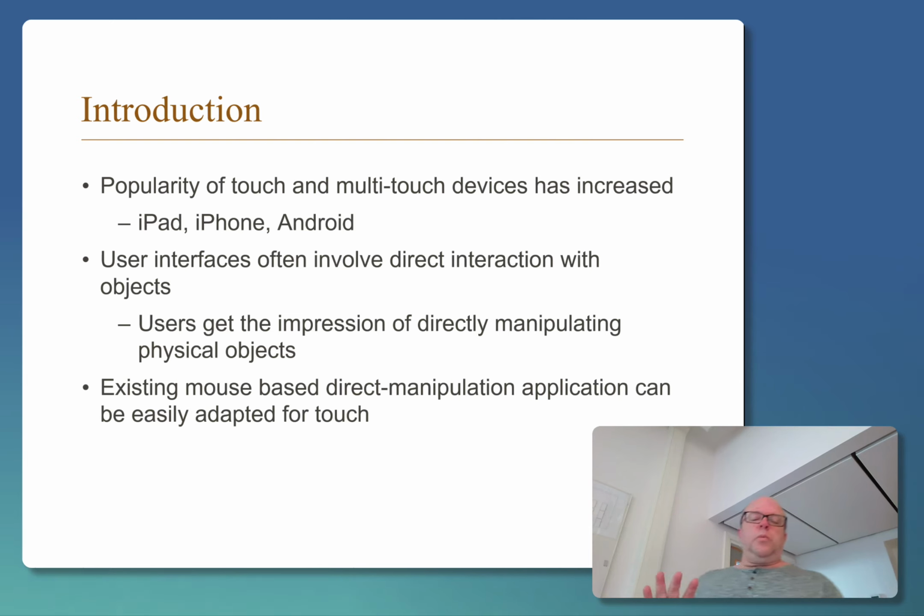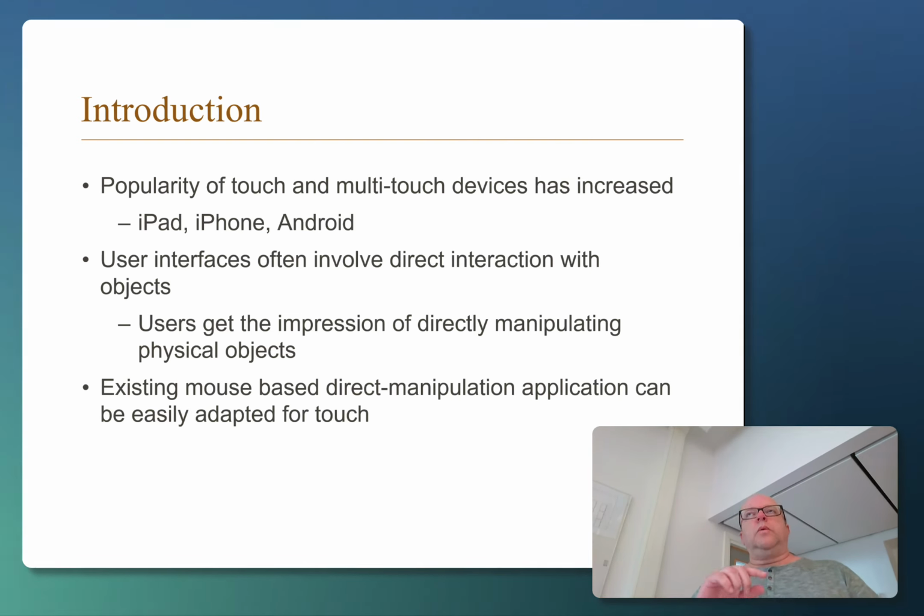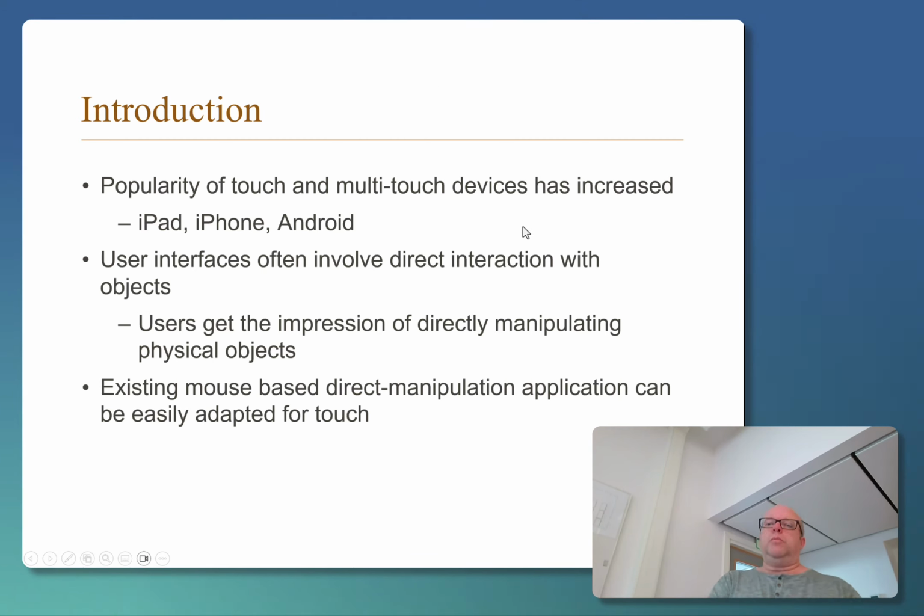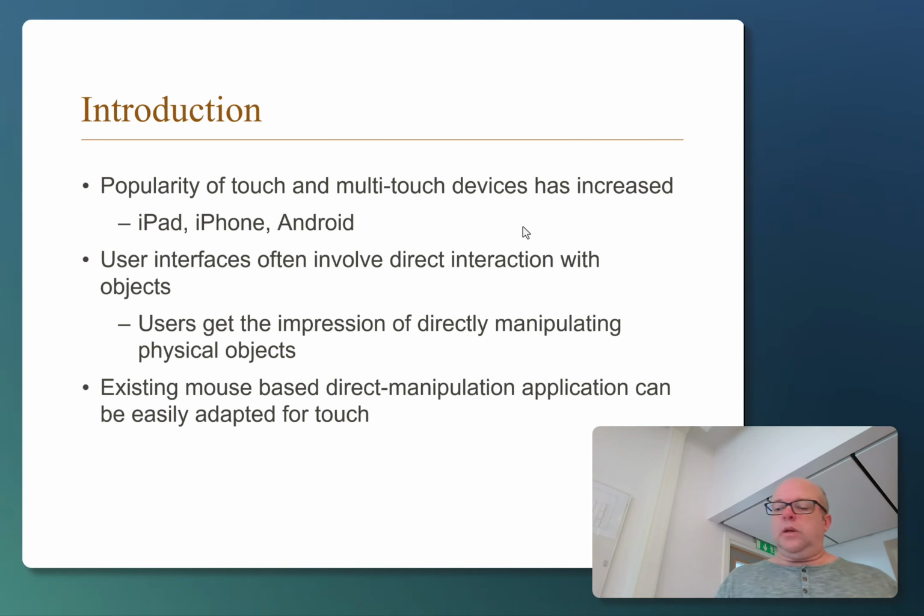Compared to the mouse, the touch interface often requires that your application responds directly to the touch. If you move something on the screen, you should see the movement directly. You shouldn't have to wait. You can adapt existing mouse-based applications, but you still have this disconnect with the mouse movement compared to moving your finger directly on the screen.